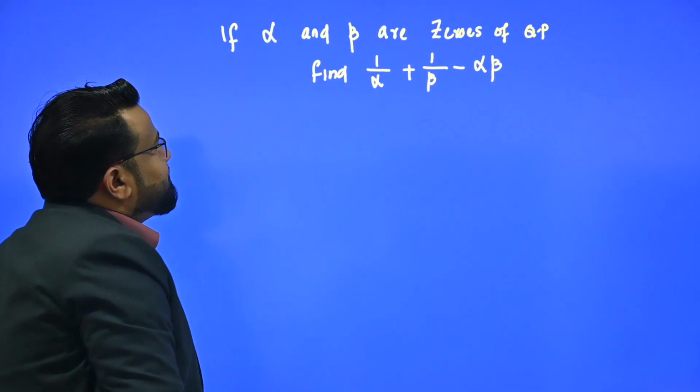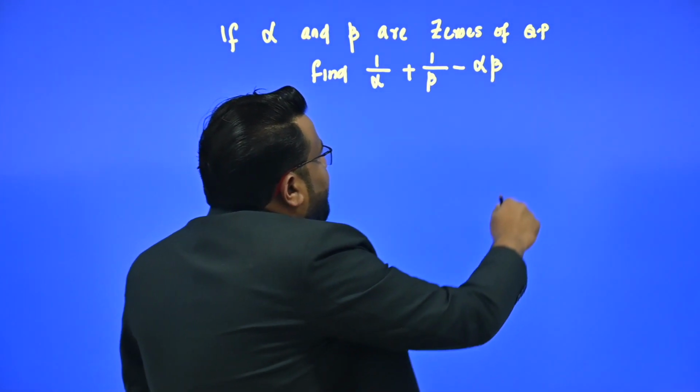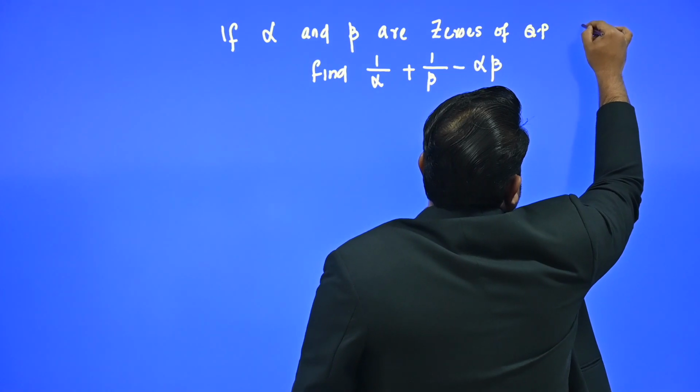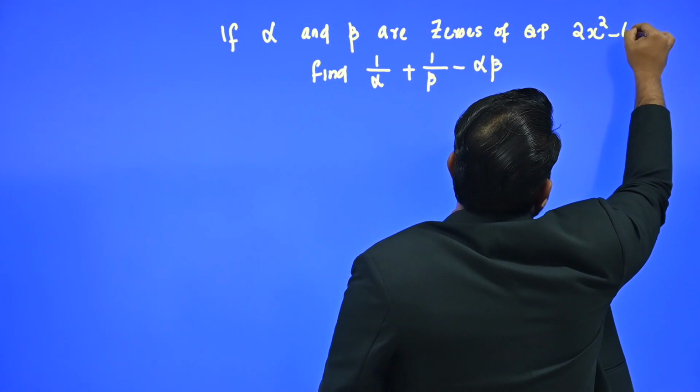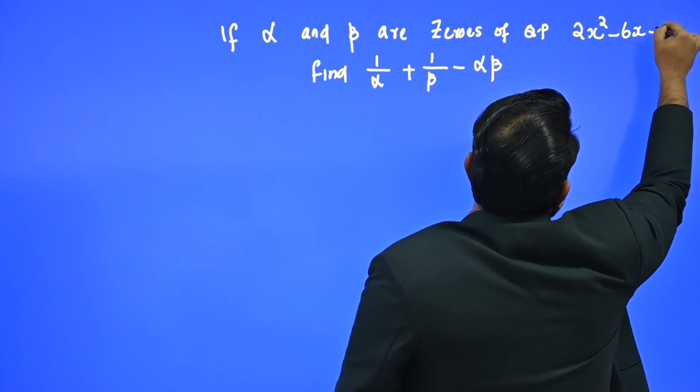If alpha and beta are the zeros of the quadratic polynomial 2x squared minus 6x plus 6.